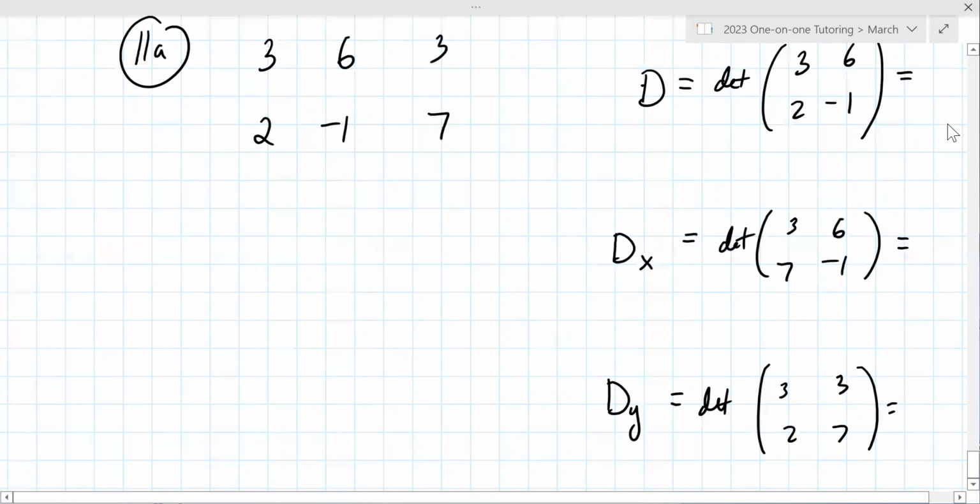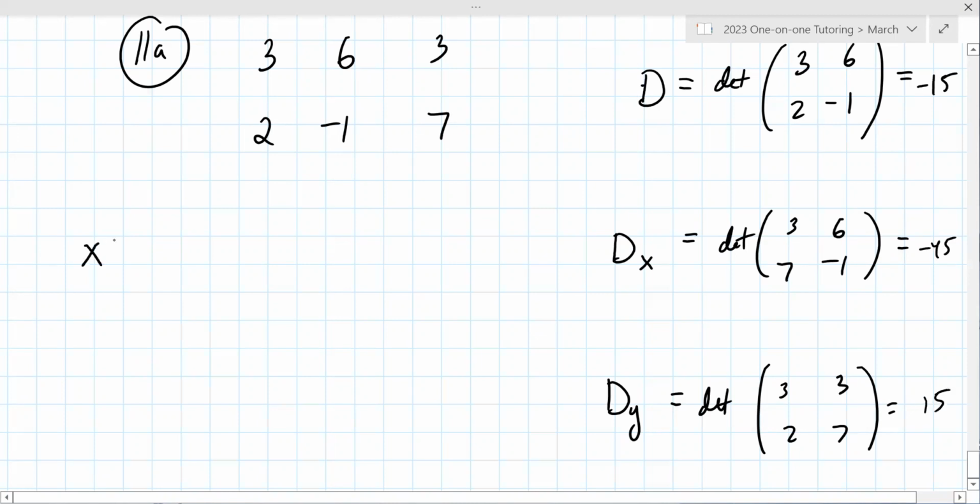So this one is -3 -12, -15. Then -3 -42, so -45. 21 minus 6 is 15.